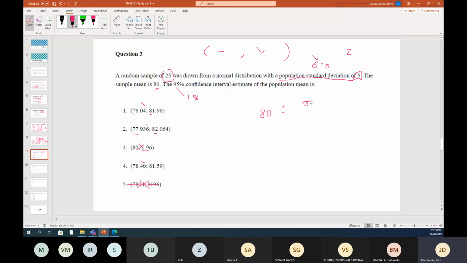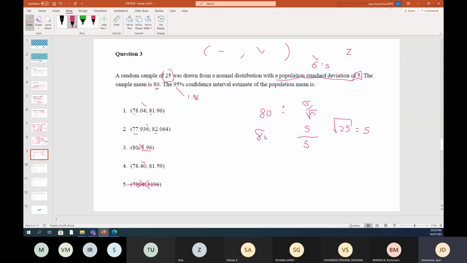Your formula uses the standard deviation divided by the square root of n. Standard deviation is 5, n is 25, and the square root of 25 is 5. So just remember, the square root of 25 is equal to 5.